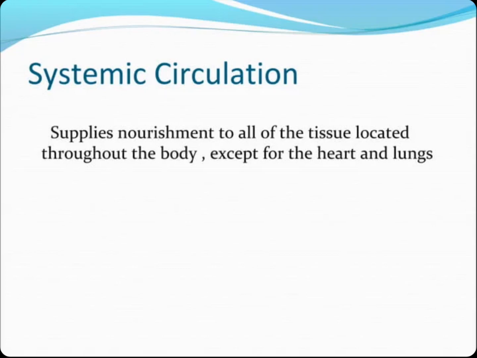Lastly, we have the systemic circulation, which supplies nourishment to all of the tissue located throughout the body except for the heart and the lungs.